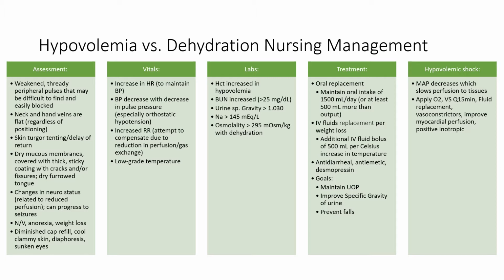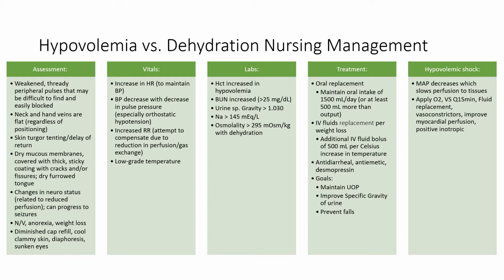They can have an increased respiratory rate, which is another compensation due to reduction in perfusion and gas exchange, trying to increase that oxygen delivery. And they may even have a low-grade temperature. This is the body's, again, another compensating mechanism to try and increase their rate of retaining water and maintain vitals, essentially.